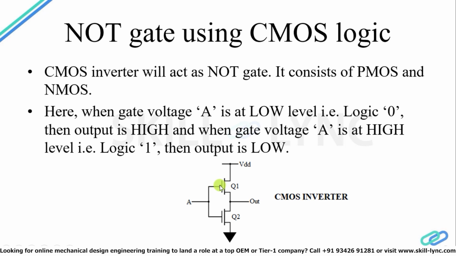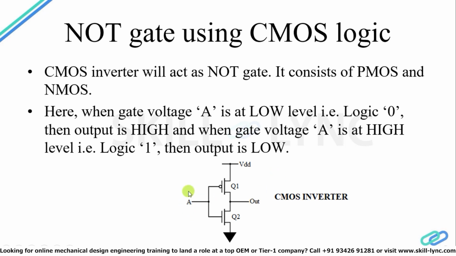This 0 will transfer over here and over here also. As we know, 0 will make the PMOS on. It is connected with VDD, that is 5 volts, and the NMOS is connected with ground, that is 0. So the output will be high, meaning output will be 1. Whenever I apply A equal to 0, I get output equal to 1.